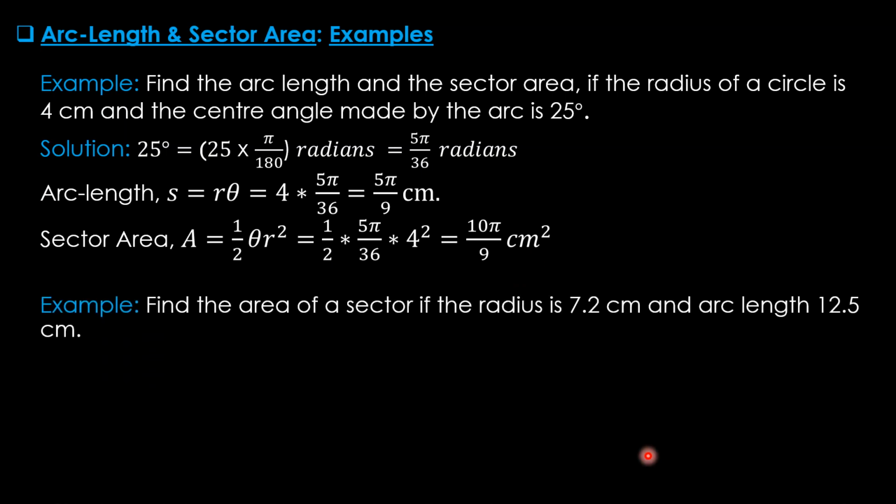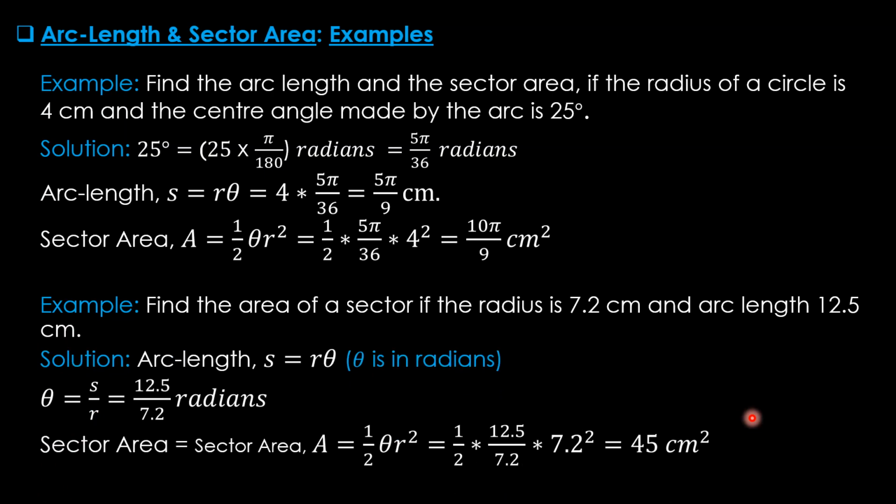There is another example here. Find the area of a sector if the radius is 7.2 centimeter and arc length 12.5 centimeter. So solution: arc length again from the formula S equals r theta, we need to find theta here. So in this case theta equals S over r. From this relation we find theta, and we don't need to calculate it; instead we can leave it as it is, S over r.